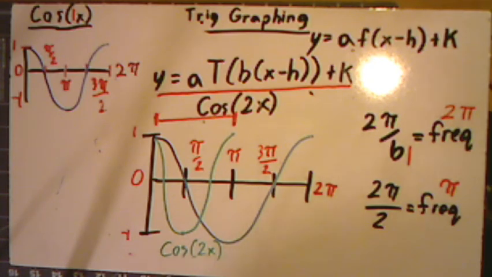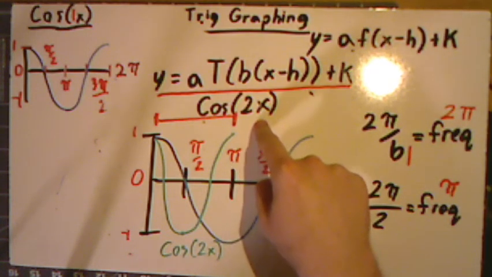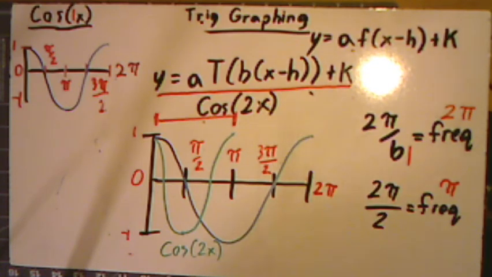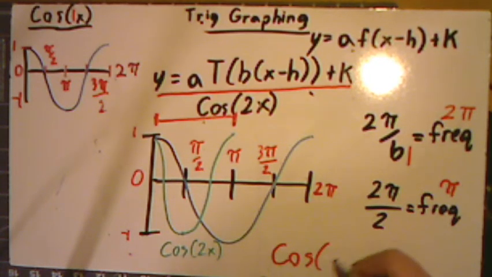Now, what if we decided to multiply cosine the x on the inside by a fraction? Well, let's take a look at what cosine of x over 2 looks like.